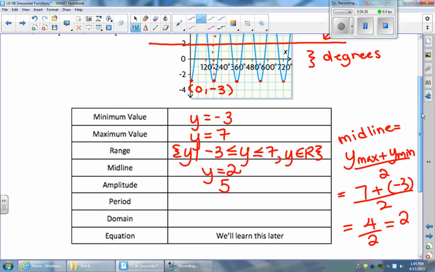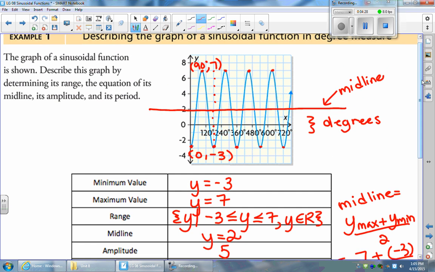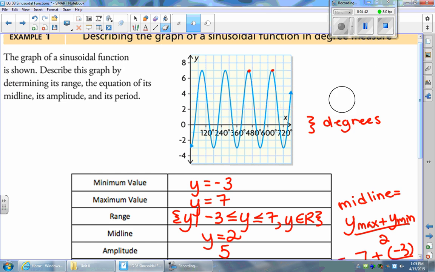Now, to find the period, it's a little bit trickier. We just need to go from one point to a repeating point in the next cycle. So the easiest one to choose is the maximum to maximum generally. Okay, so if we choose our first maximum to our second maximum, and we have to identify these coordinates.